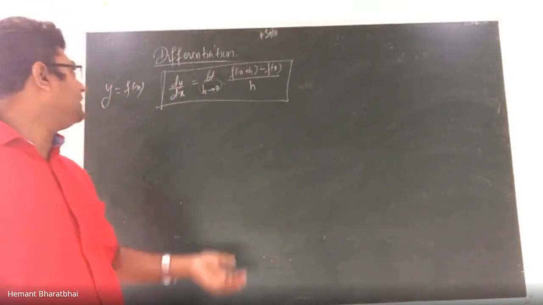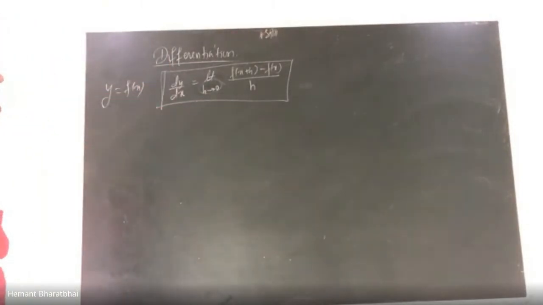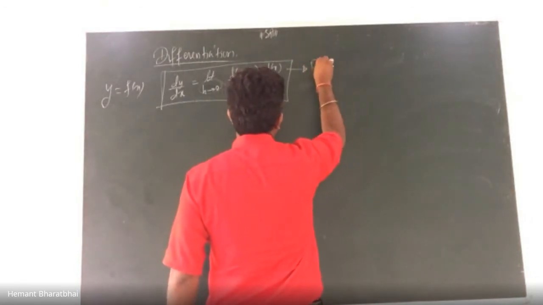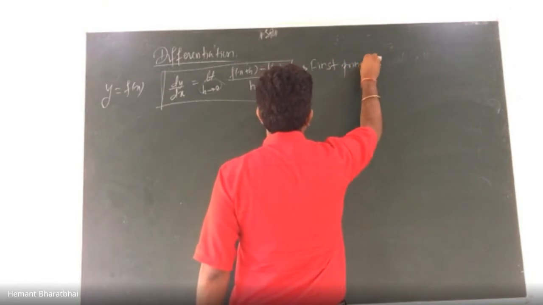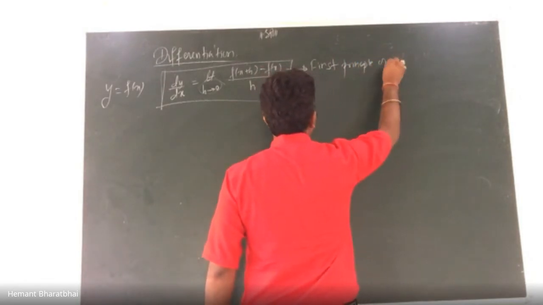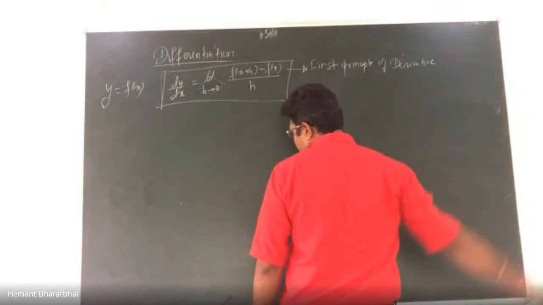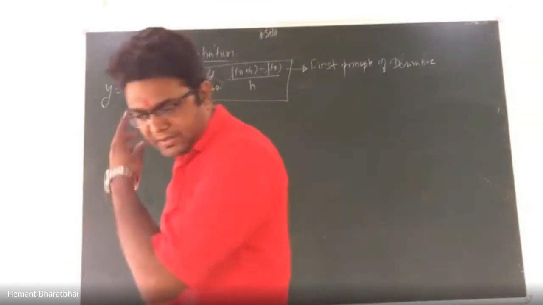Hence mathematically the derivative can be given by this, which is also called the first principle of derivative.